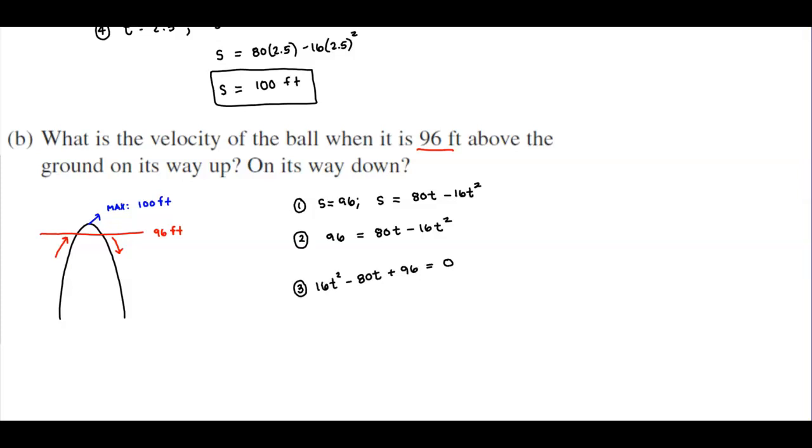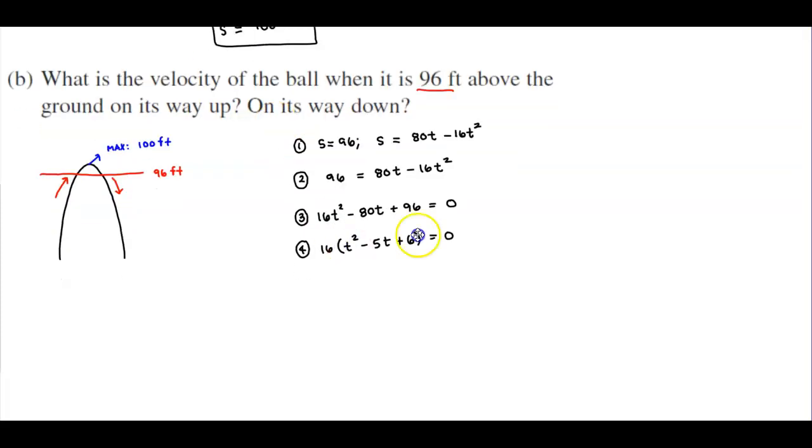And then we can factor out the 16. So we have 16 times t squared minus 5t plus 6, which is equal to 0. And if we divide both sides by 16, then what we have left is t squared minus 5t plus 6 equals 0.